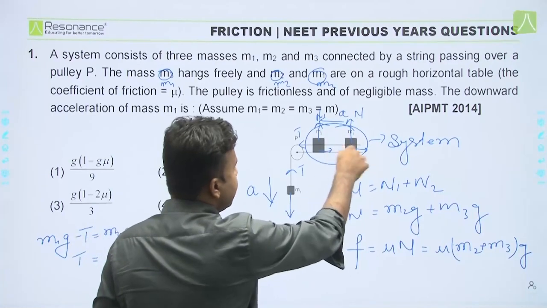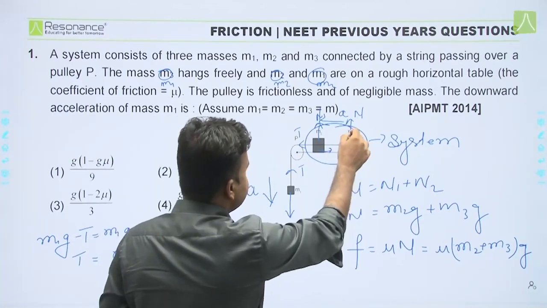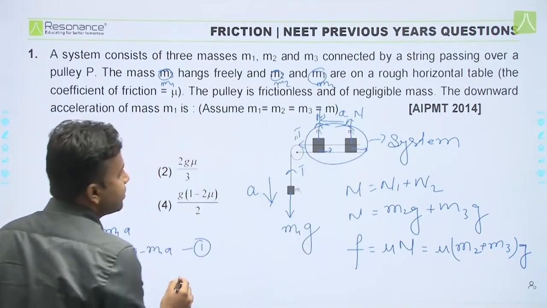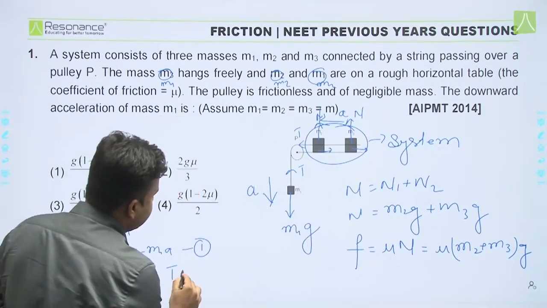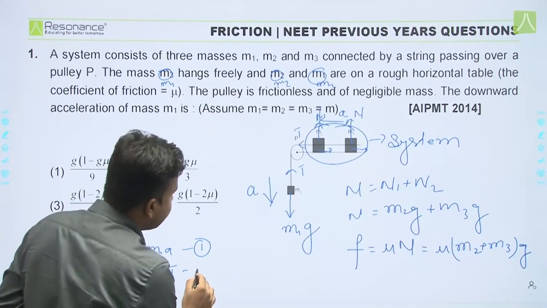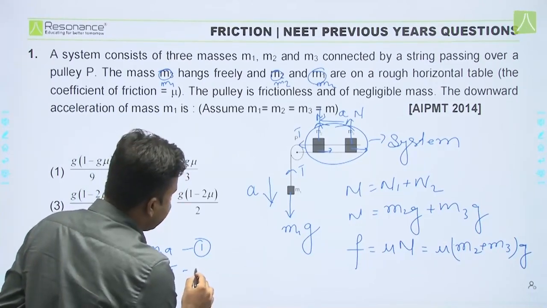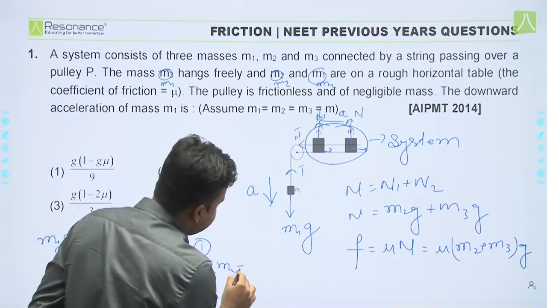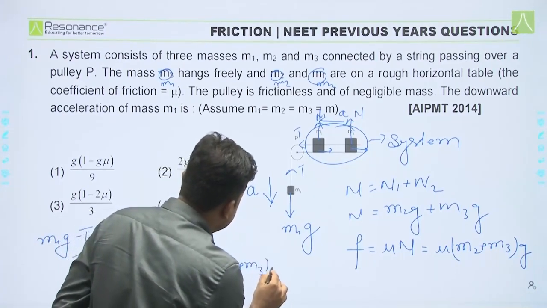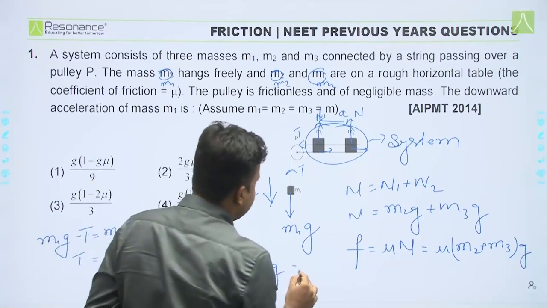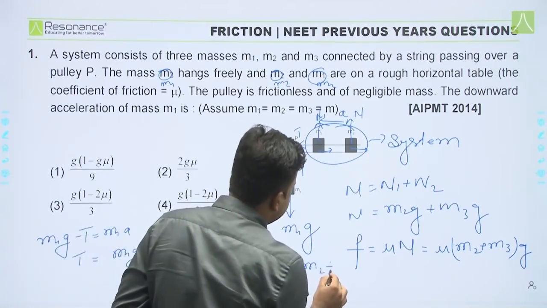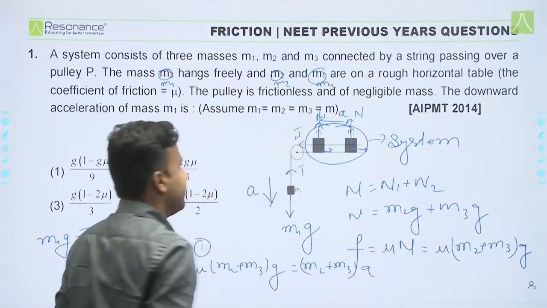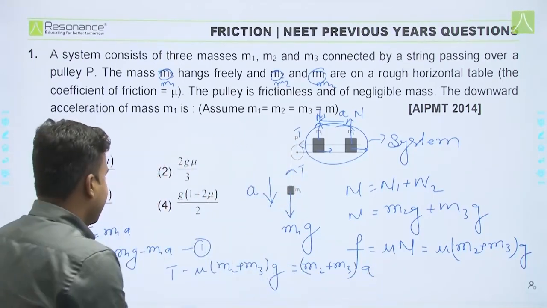Second, if you write the horizontal balance of forces, F net equals mass into acceleration, the total horizontal forces are what? T minus friction force. T minus friction force, which is mu into M2 plus M3 into G, equals M2 plus M3 into acceleration A. Okay, now what we can write?